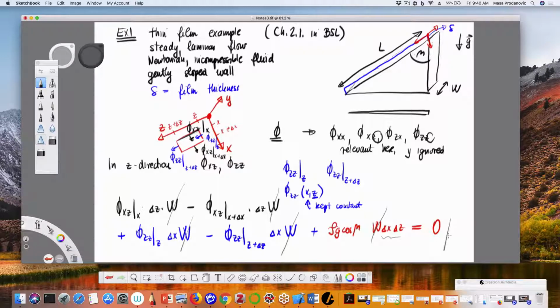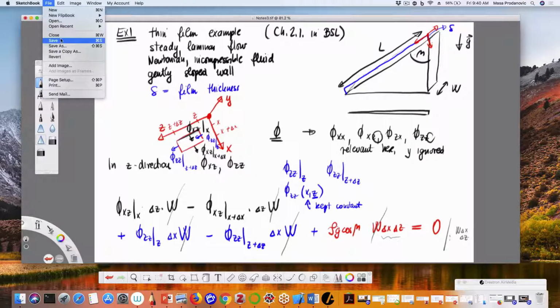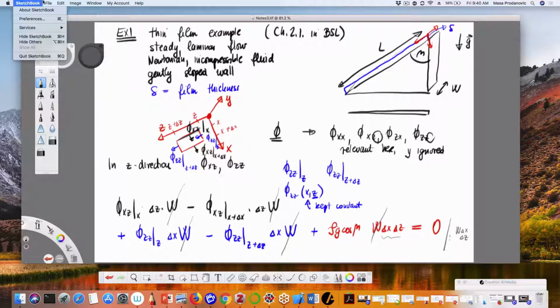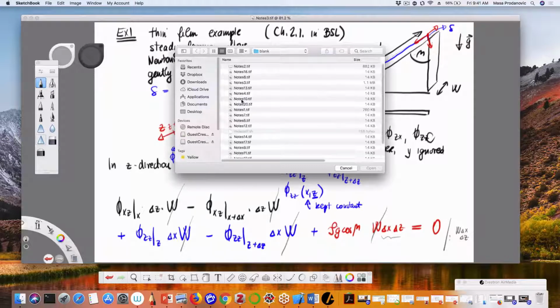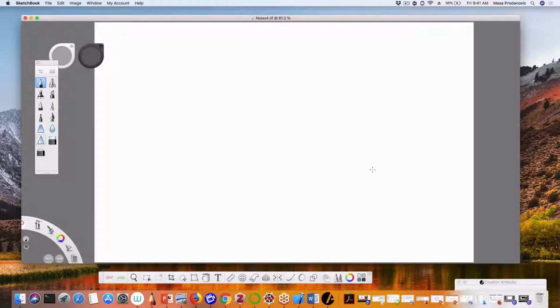So divide by the volume of the shell. Everybody done with this? I'm going to the new piece of paper. Piece of screen, new piece of screen.